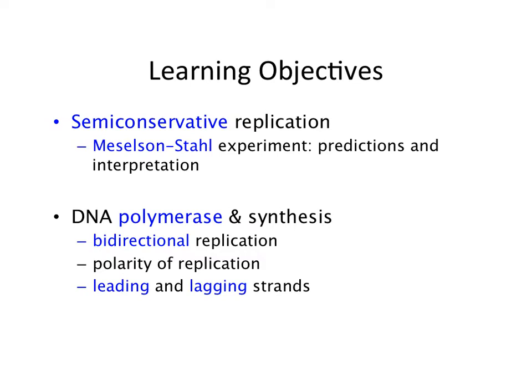So that's the main take home for today, to be able not only to understand how their experiment worked, but also to maybe apply it in new situations to really understand the basis for the experiment. And then to look at the molecular details of DNA replication. So that's where we're headed. Any questions at this point before we head in? Okay.